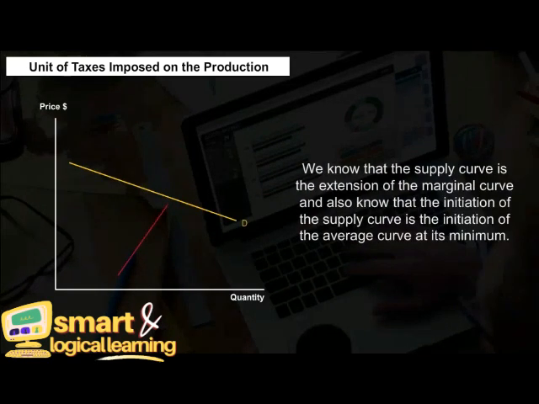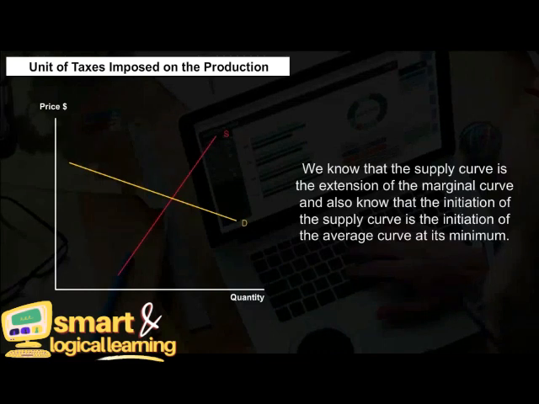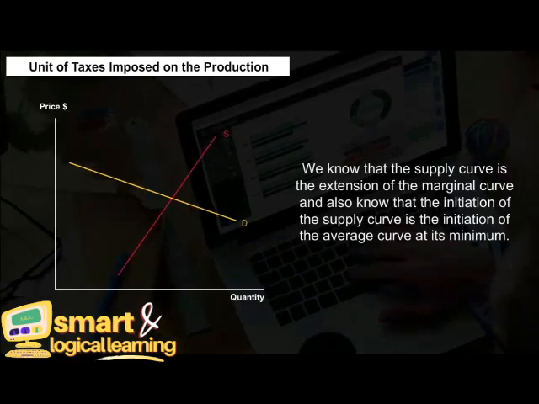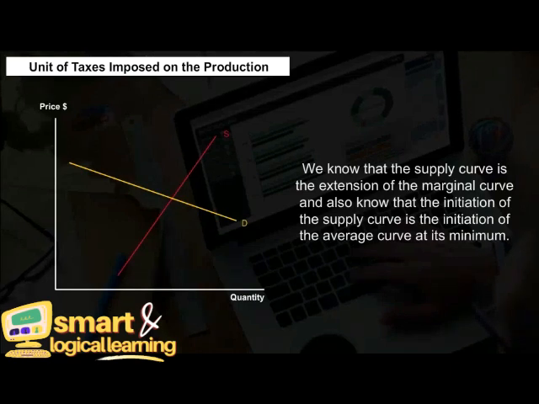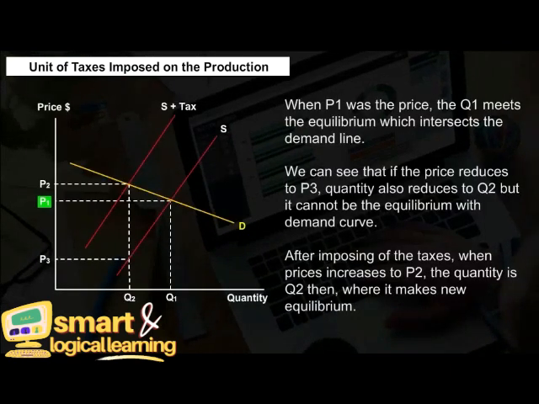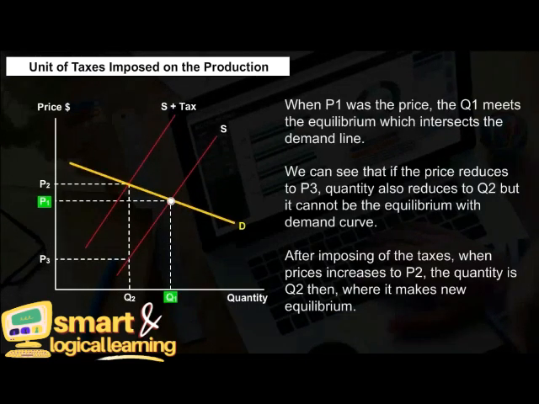We know that the supply curve is the extension of the marginal cost curve, and also that the supply curve begins at the minimum of the average cost curve. When P1 was the price, Q1 met the equilibrium, which intersects the demand line.